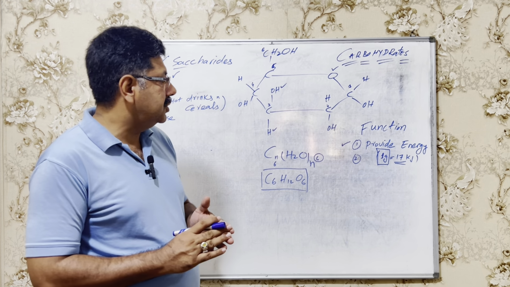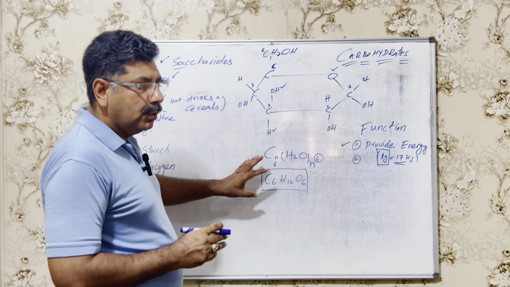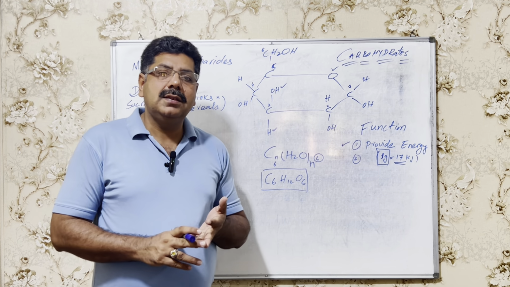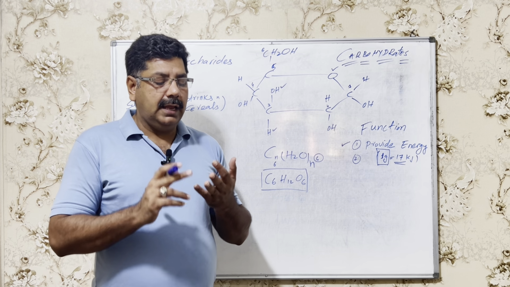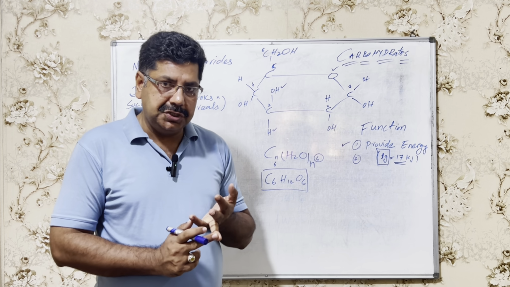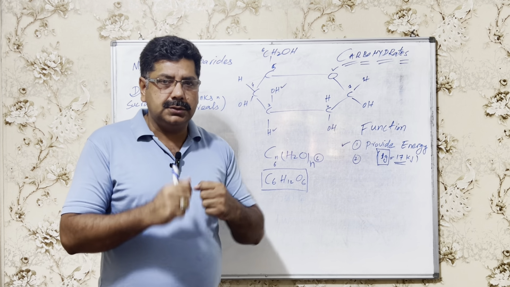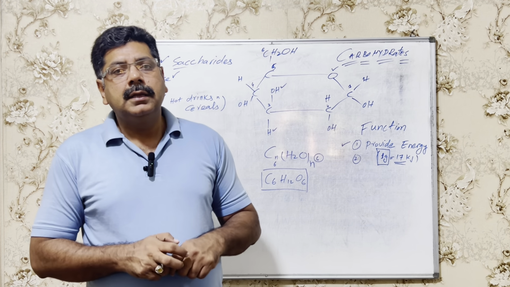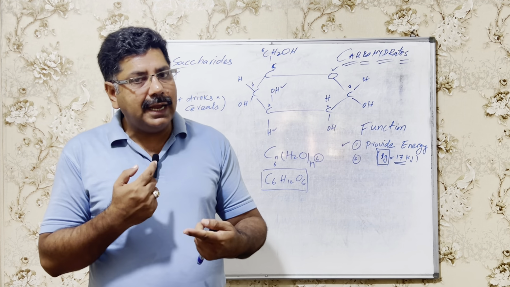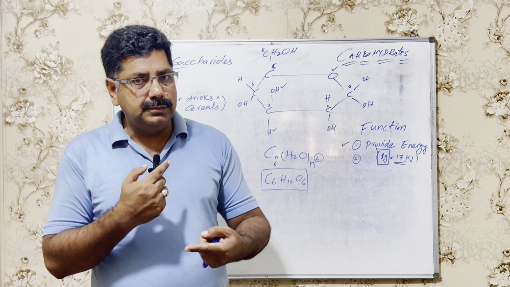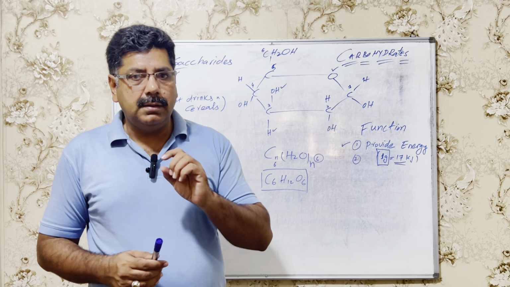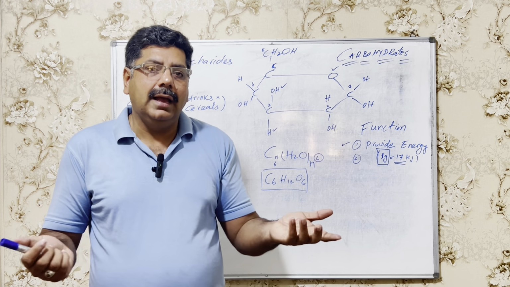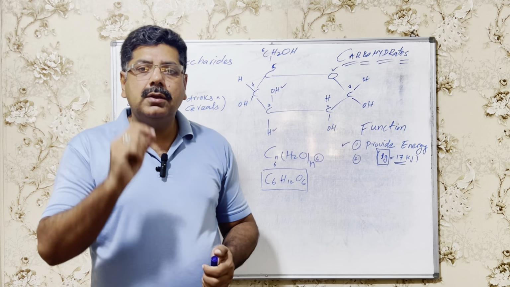So these are monosaccharides, simple sugars, sweet in taste, an instant source of energy. While you are running fast and you lose your energy, if you want to get energy at that moment, take a biscuit, put some sugar in your mouth, or take an energy drink which is also made of sugar.